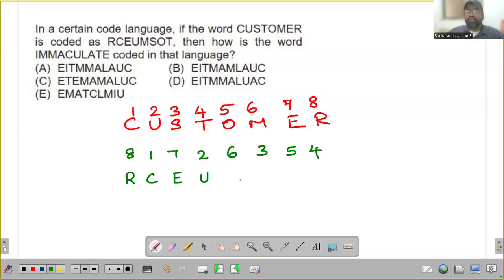Then comes U, which is in the second position. And this process continues, and thus you have the coding happening in this way.